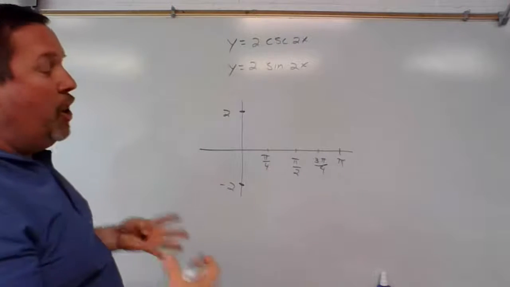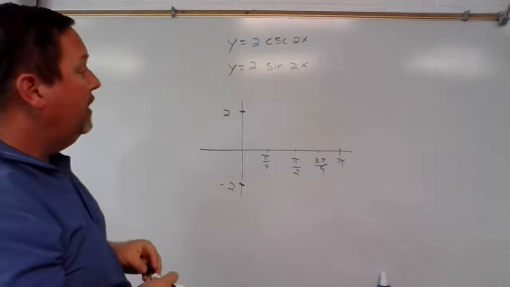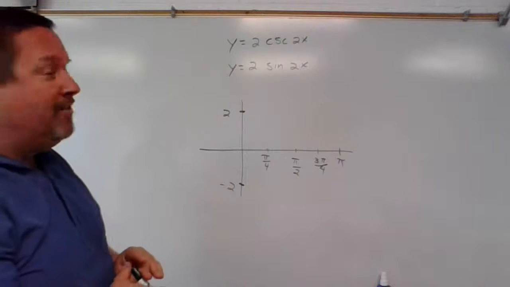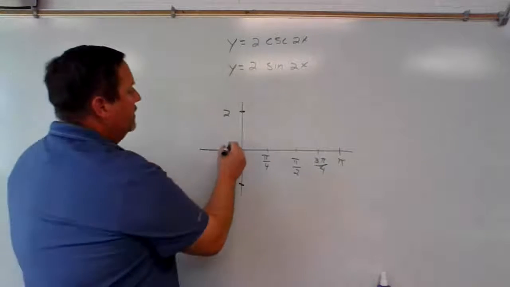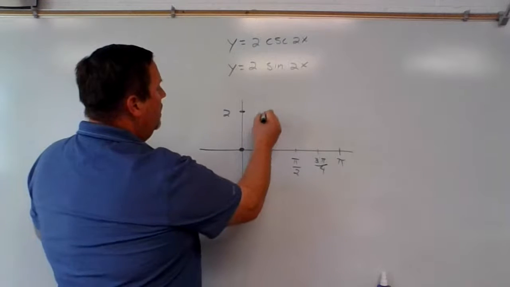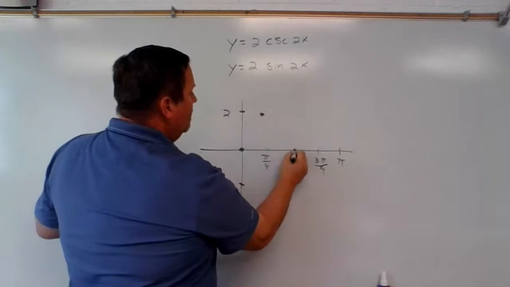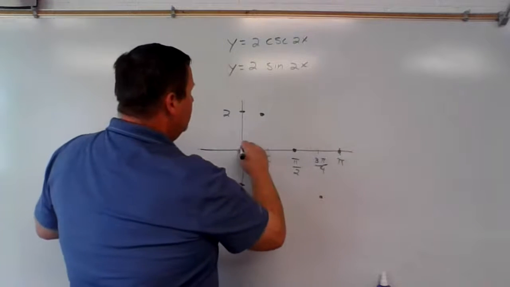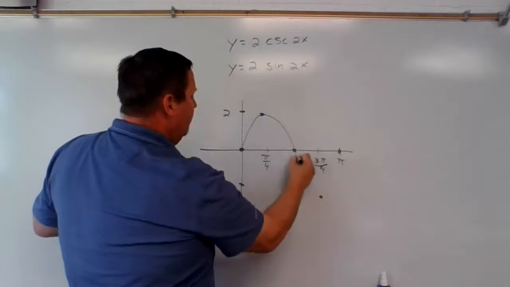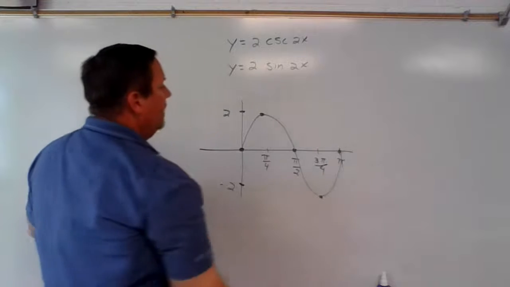All right, again, I know I'm looking for a cosecant graph, but I'm actually going to use a sine graph to easily find my cosecant graph. My sine graph goes like this: from 0 up to maximum, back to 0, down to minimum, back to 0. My sine graph looks like that.